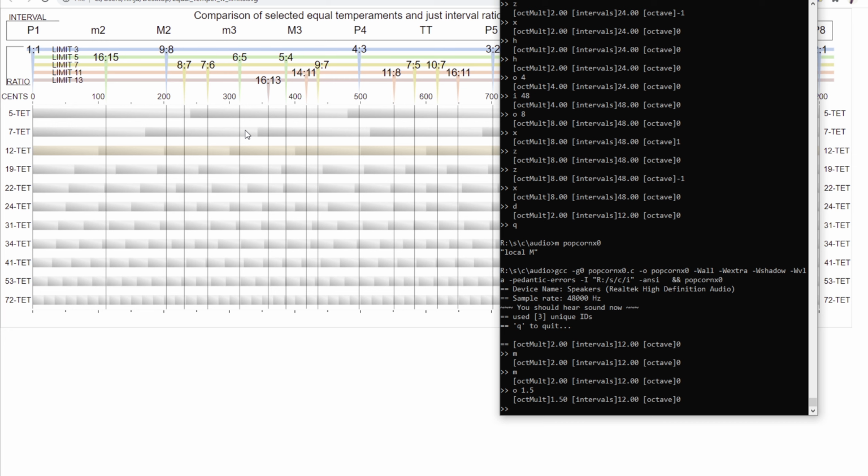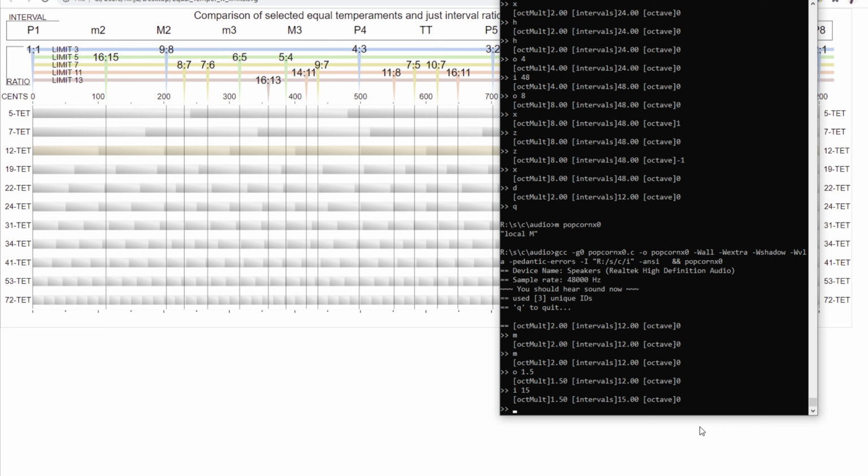For example, as we took out a fourth of the multiplier, we can add a fourth to the intervals. So a fourth of 12 is 3, so that will make 15. Now it sounds kind of more natural, because the two numbers are kind of in sync now.